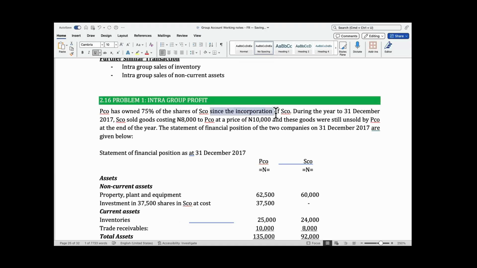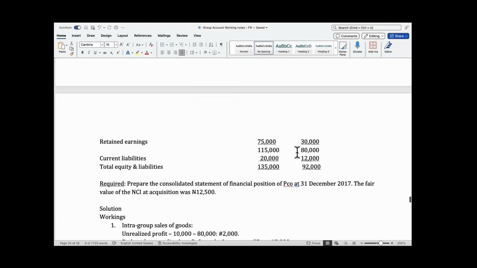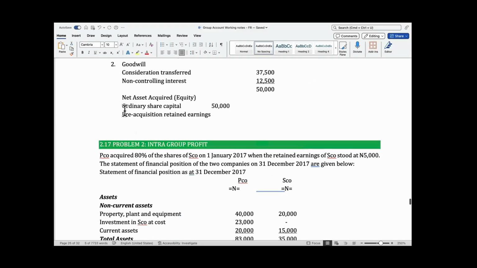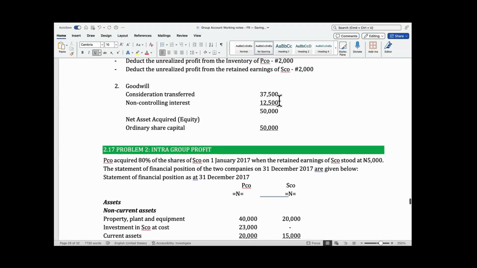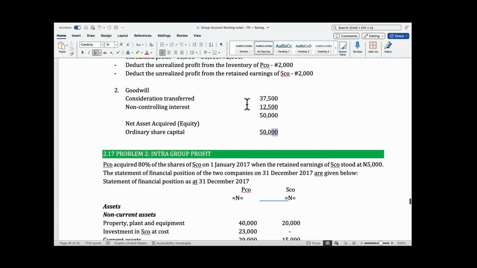Okay, he acquired ESCO at incorporation. That means there is no reserve as at that date. There is no pre-acquisition retained earnings. And in this case, we don't even have any goodwill because it cancels out completely.